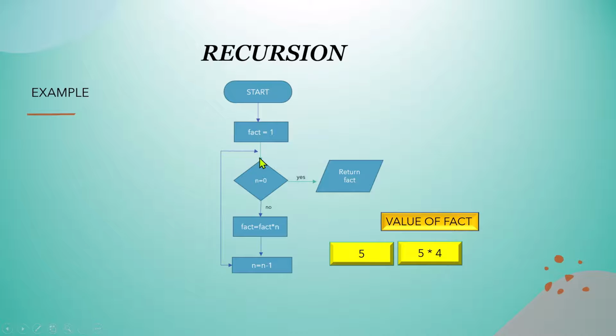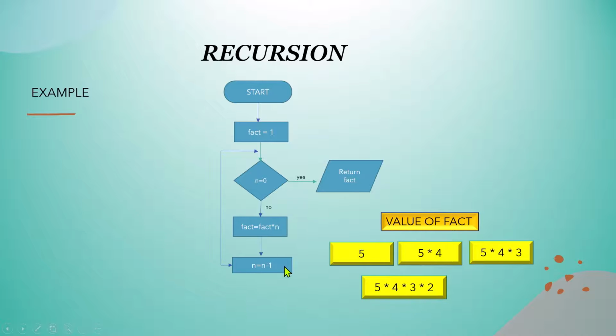Control goes back here. We check if 3 is equal to 0. It's not. So we have fact equal to fact, that's 5 into 4, multiplied by n, which is 3. So 5 into 4 into 3. Then n is reduced by 1 again, which means n becomes 2. Is 2 equal to 0? No. So fact is equal to fact into 2, so we'll have 5 into 4 into 3 into 2.